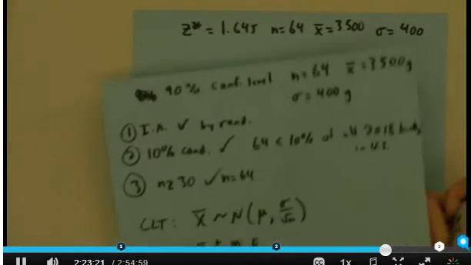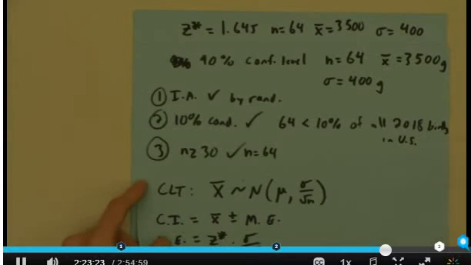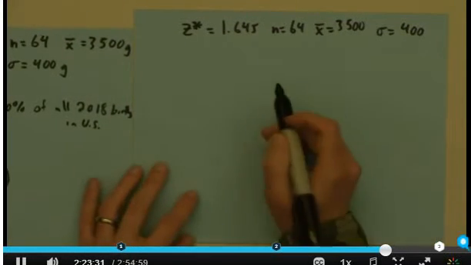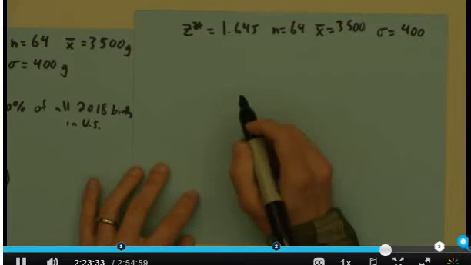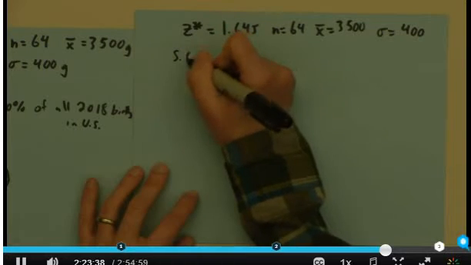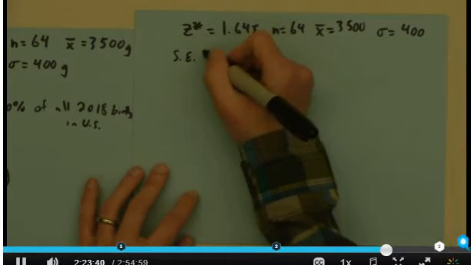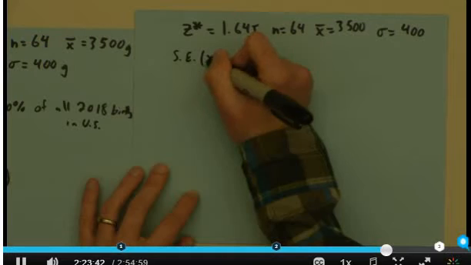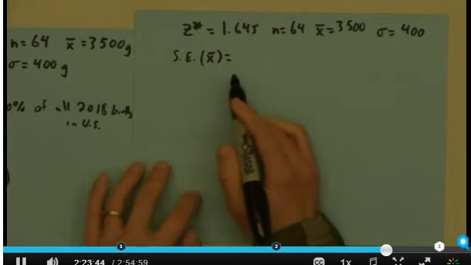So, if I'm going to produce my confidence interval, I need to compute my X bar and my margin of error. My margin of error comes from this formula. So my X bar is 3,500. My margin of error comes from Z star times my standard error. And what's the standard error here?